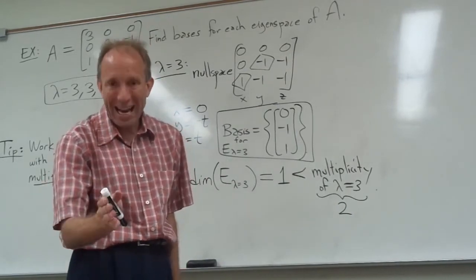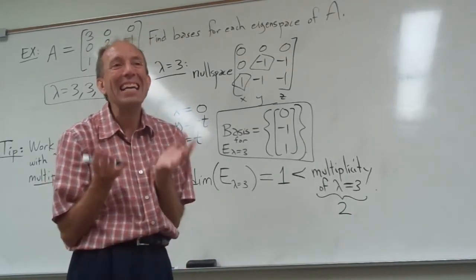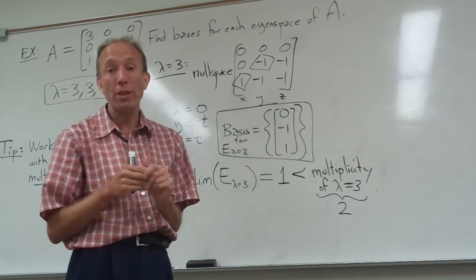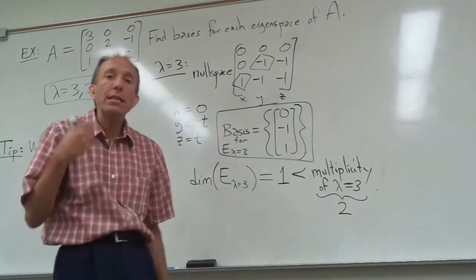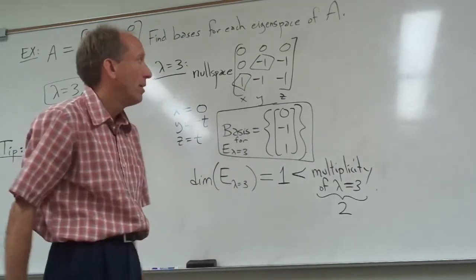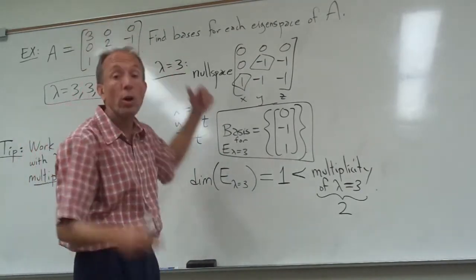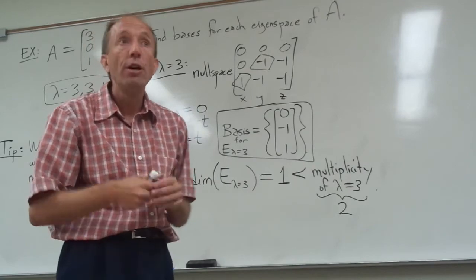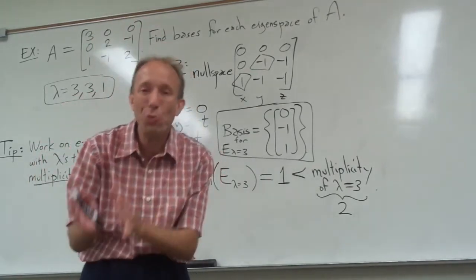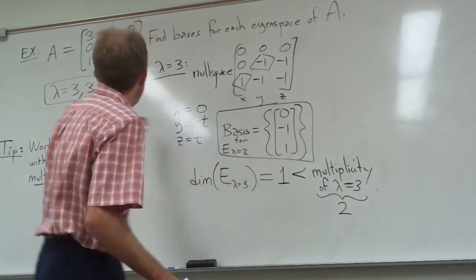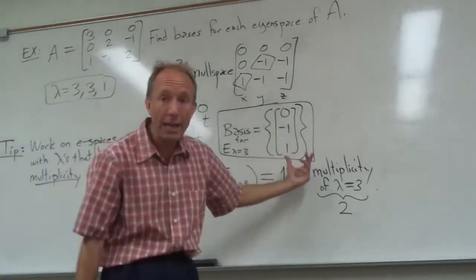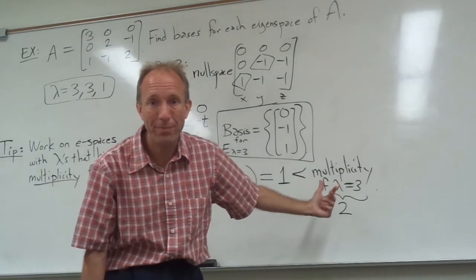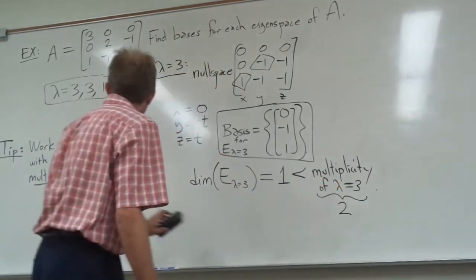That is bad. That is essentially what I'm going to call a defective situation. A matrix is defective if one or more of its eigenvalues fails to pull its weight. The eigenvalue has a weight of 2 and only gave us 1 eigenvector here. So that's an issue.